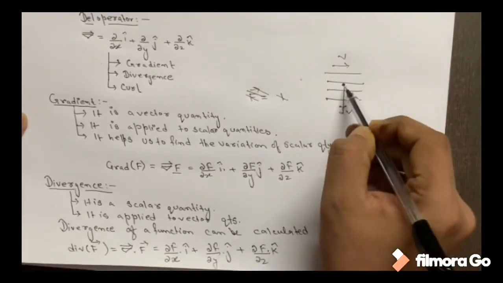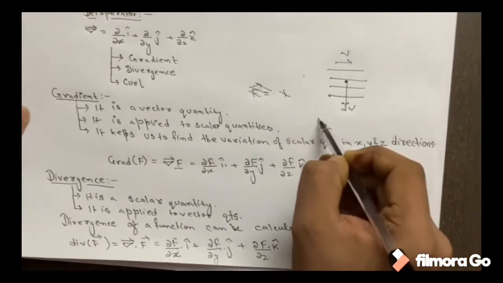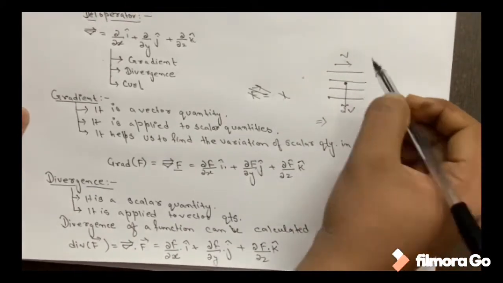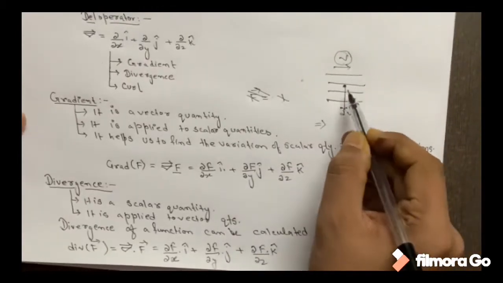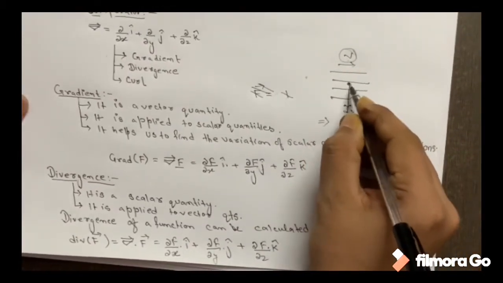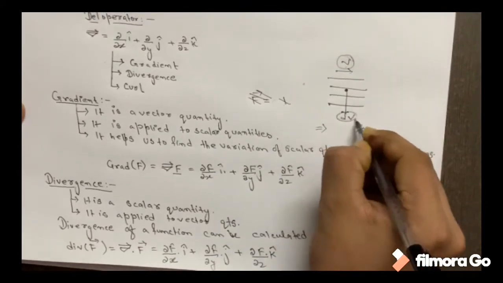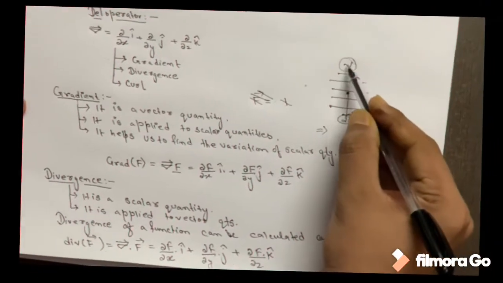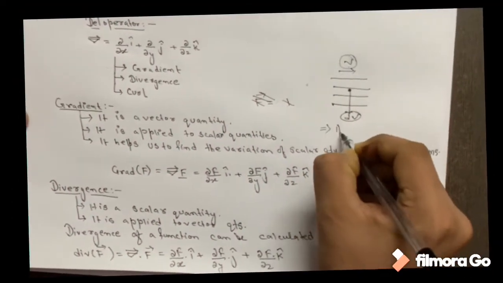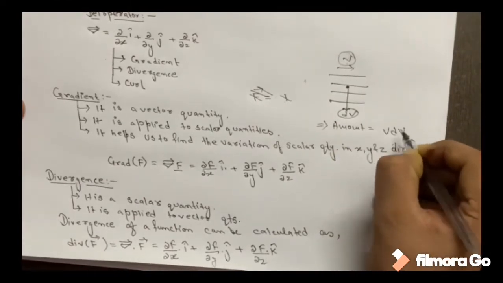To get this, we will use the concept of divergence. Here the vector v is the parameter, so the amount that passes through this dv volume will be given by the product of this volume and the velocity. So amount is equal to v dv.